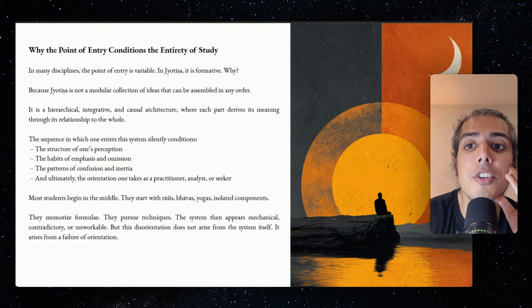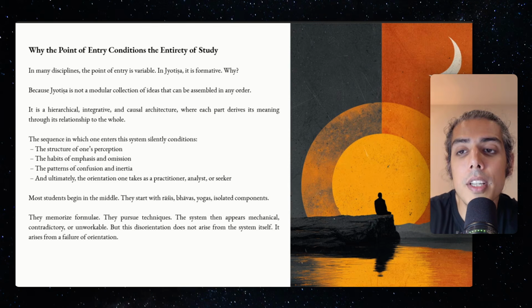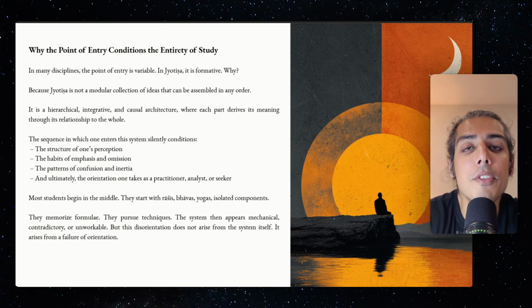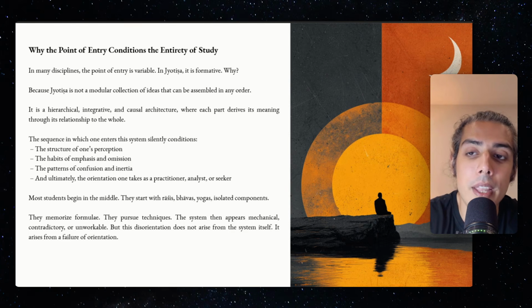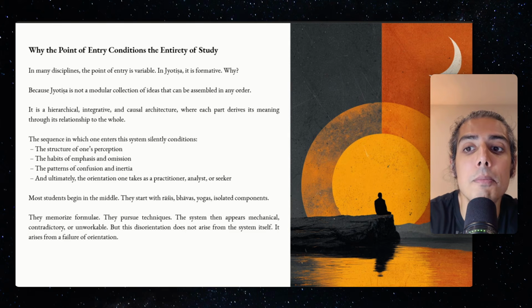Why the point of entry conditions the entirety of the study. In many disciplines, the point of entry is variable. In Jyotish, it is formative. It will decide how your entire relationship to the discipline forms. Why? Because Jyotish is not a modular collection of ideas that can be assembled in any order. It is a hierarchical, integrative, and causal architecture where each part derives its meaning through its relationship to the whole.